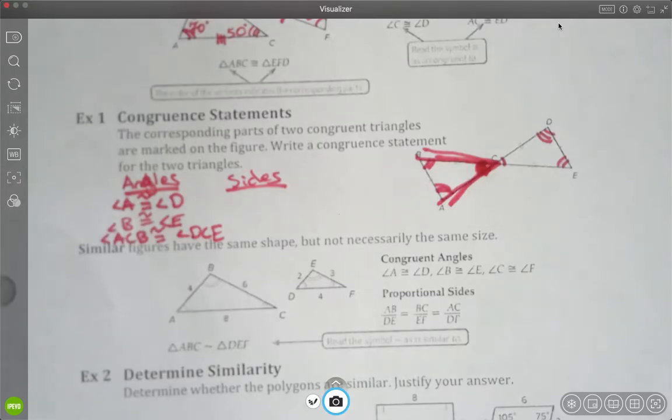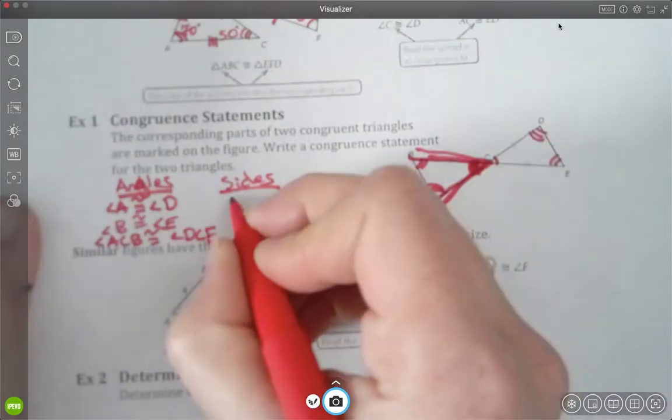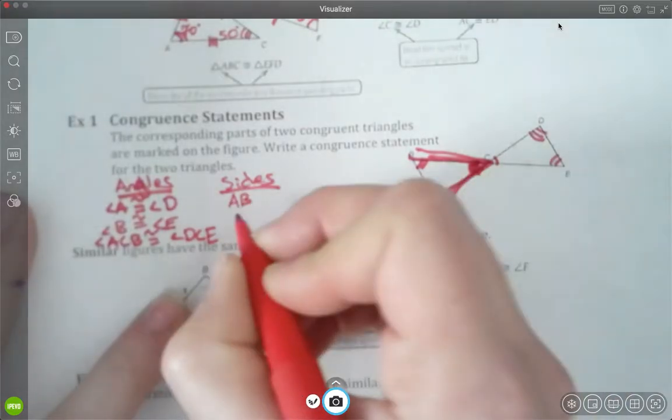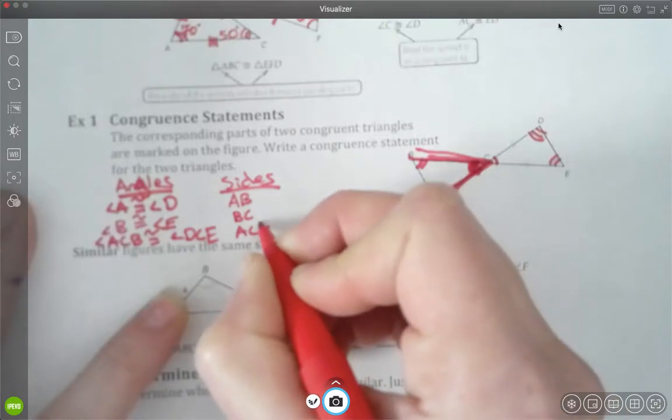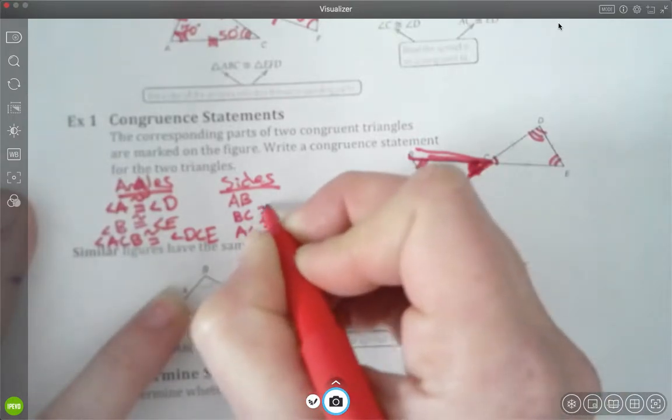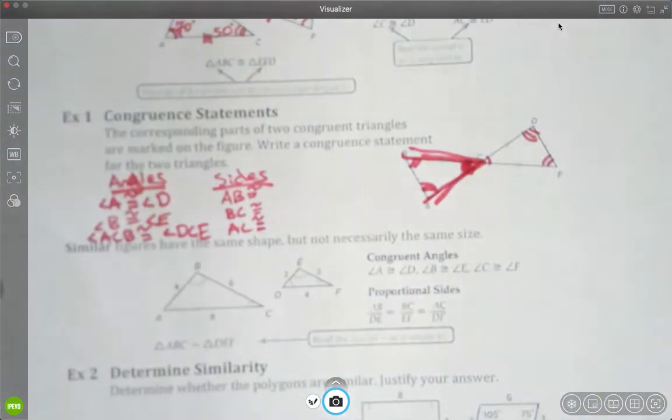So we have side. Let's do side AB. Let's do side BC. And let's do side AC. Is congruent to, congruent to, congruent to. All right, AB is congruent to... AB is this side right here. DE. A goes with D, so if A is listed first, D needs to be listed first.